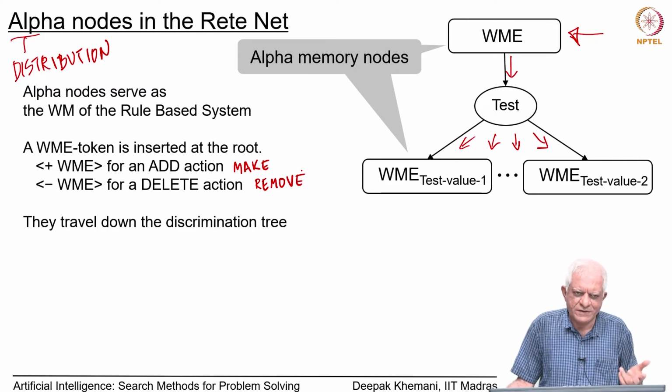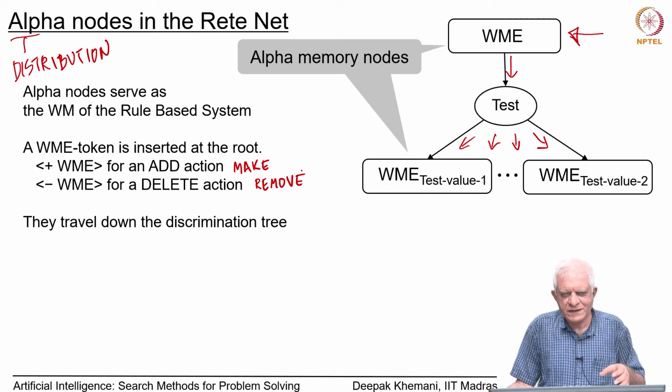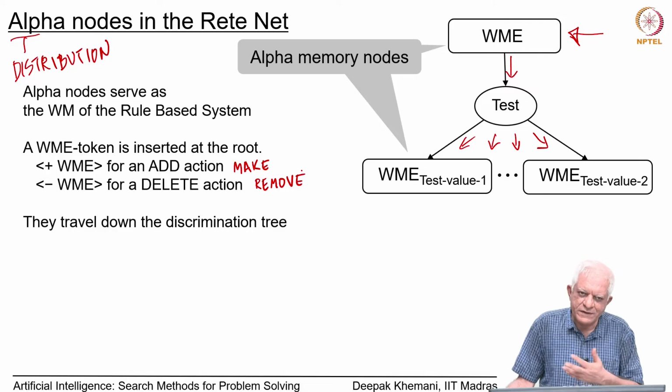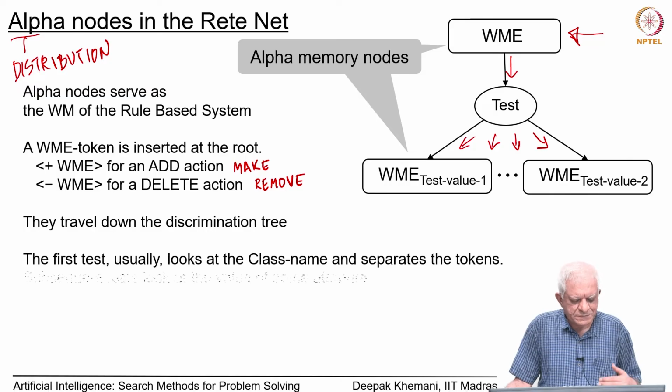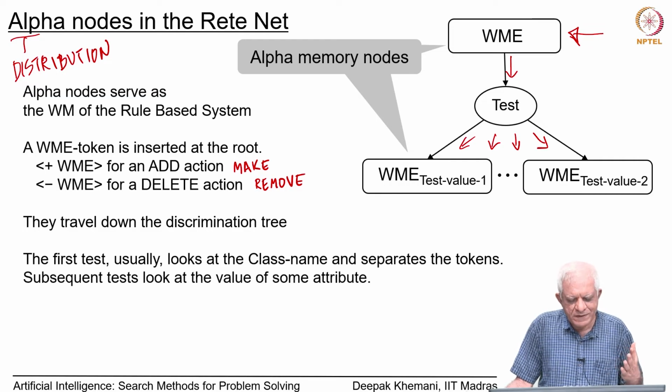The prefix of plus or minus says whether you are adding it or deleting it. So, if you have a delete action, then we will put down a negative token and it will go and find the positive token that existed earlier and delete it. So, the tokens, whether positive or negative, travel down the discrimination tree.